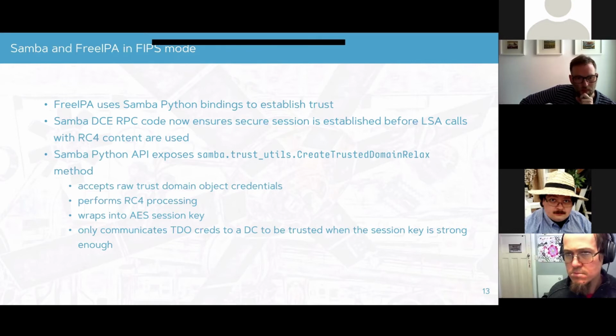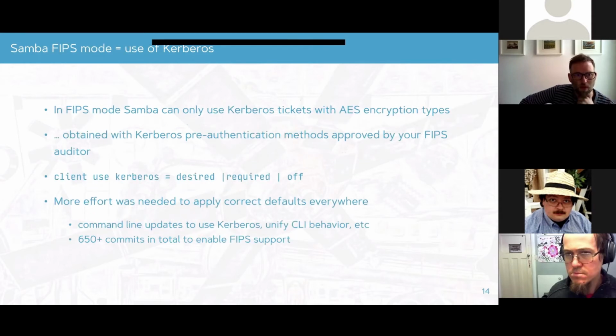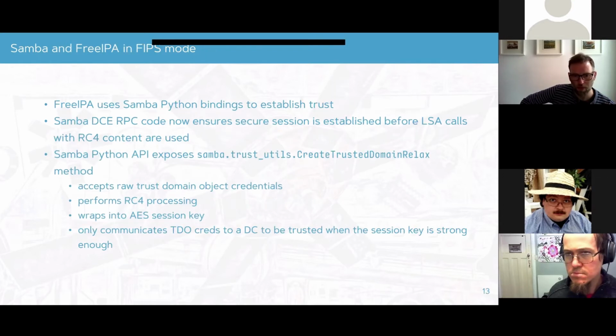And the other part was that we had to change all the code that authenticates internally to use Kerberos. Also, an important aspect is that if you create an SMB connection which is encrypted, and you hand out a session key, then it's possible that you afterwards downgrade to a plain text connection or to a signed connection.